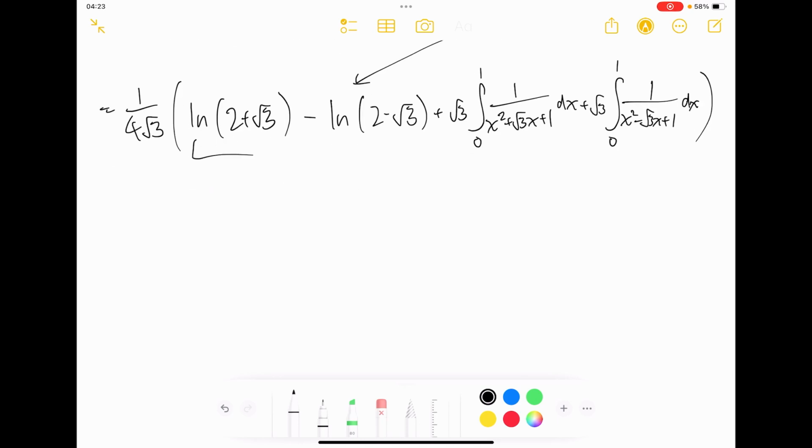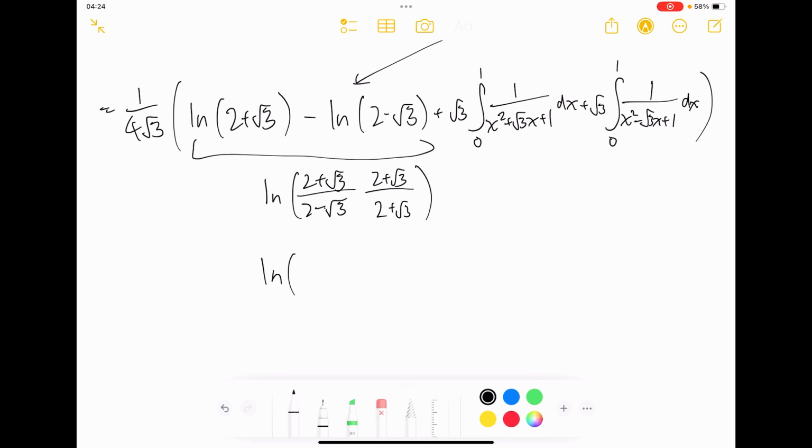What I want to do is to combine these two, because log properties, this is equal to natural log of 2 plus root 3 divided by 2 minus root 3. And multiplying this top and bottom by the conjugate is going to get us natural log of, so the bottom will be 4 minus 3, because 2 squared is 4, root 3 squared is 3, so 4 minus 3, which is 1, so denominator is 1.